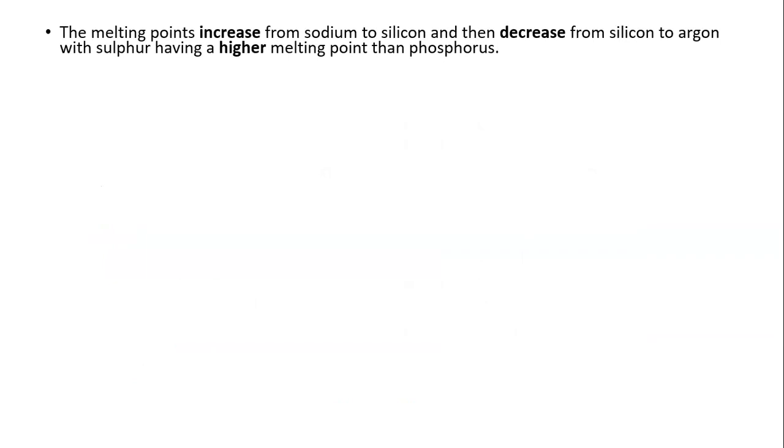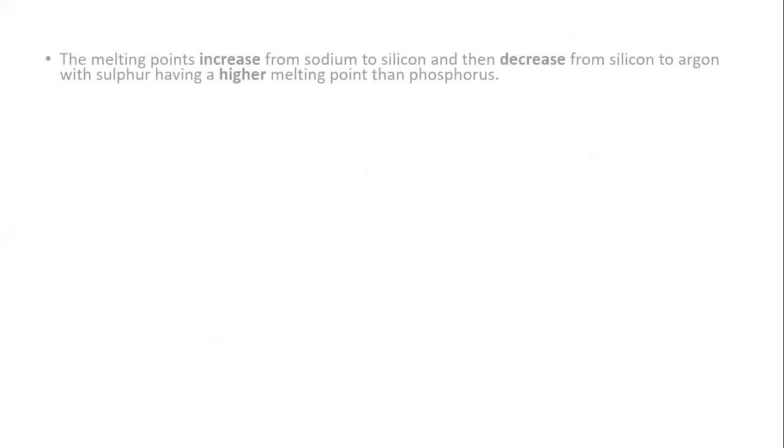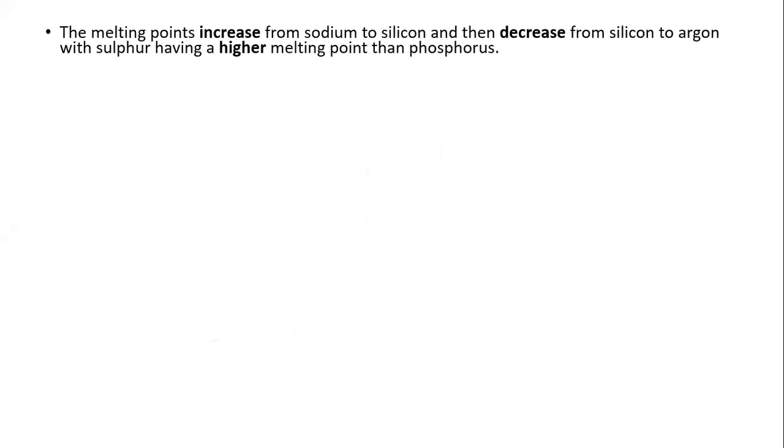Let us say that the melting point increases, as we've seen, from sodium to silicon, then decreases from silicon to argon, with sulfur having a higher melting point than phosphorus. So that's what we need to describe here. Melting point. That's a trend. And you get 1 mark, or 1.5.